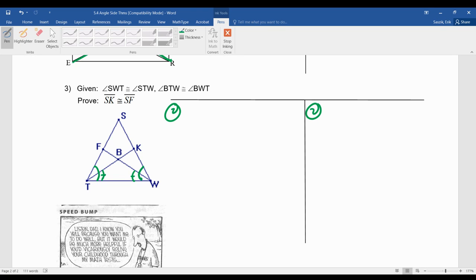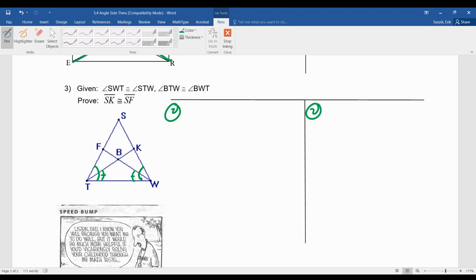We have to prove SK and SF, these upper pieces, are congruent. There's a lot of triangles in this figure. You could prove that these lower overlapping triangles are congruent. We can do that right away. That's very common.